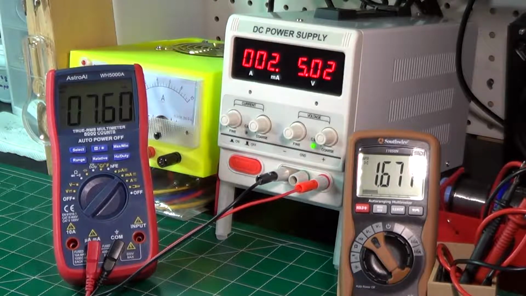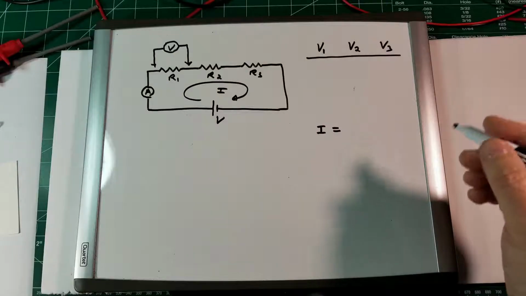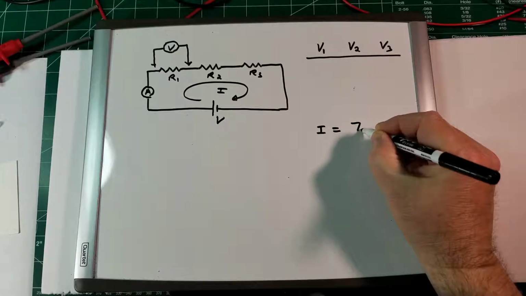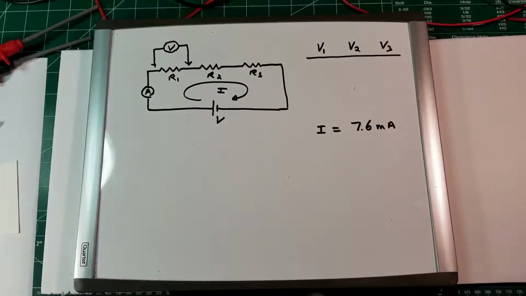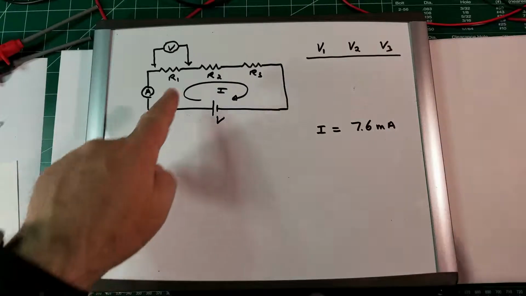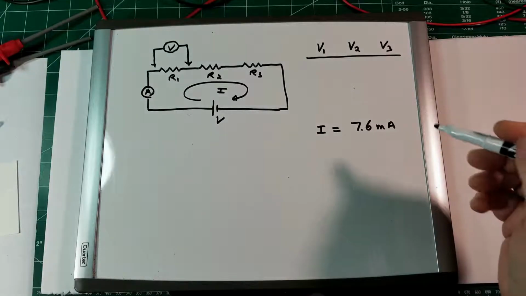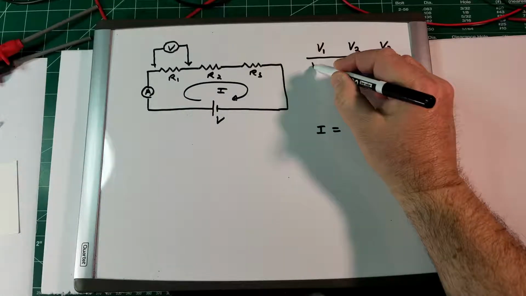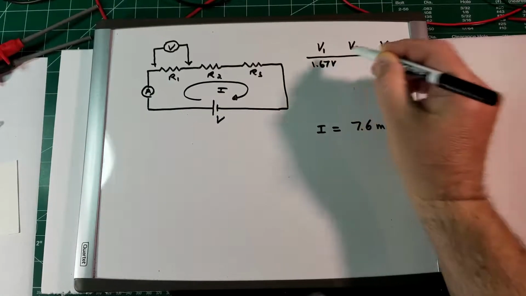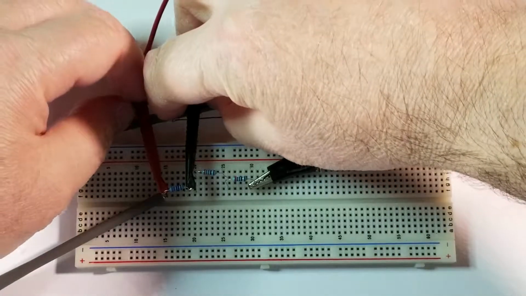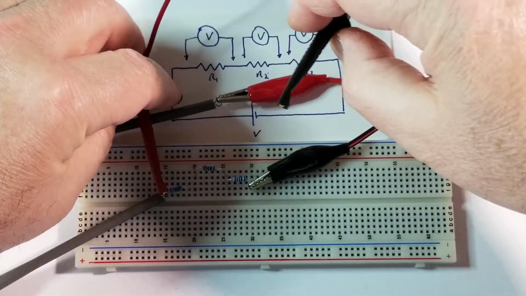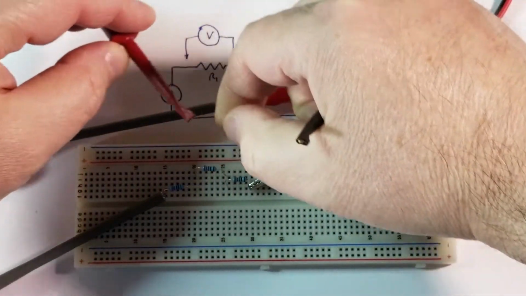So let's write down these values now. We just measured the current that we will round up to 7.6 milliamps, and the voltage across the first resistor R1 is 1.67 volt. Let's take now the next measurement. Let's move the voltmeter to the second resistor.